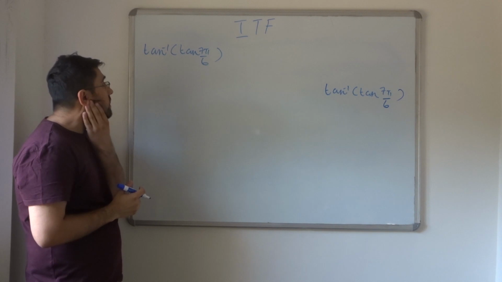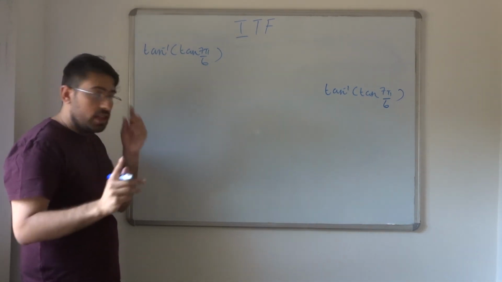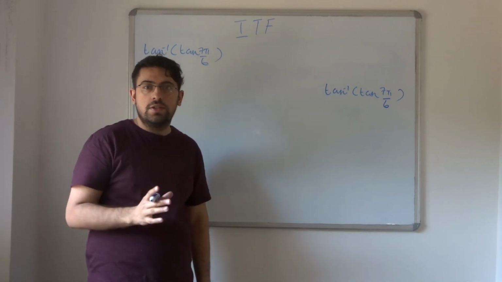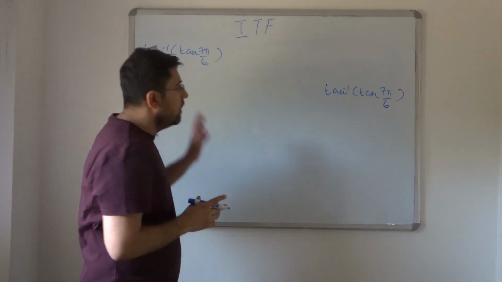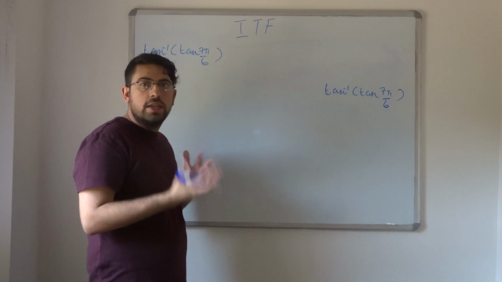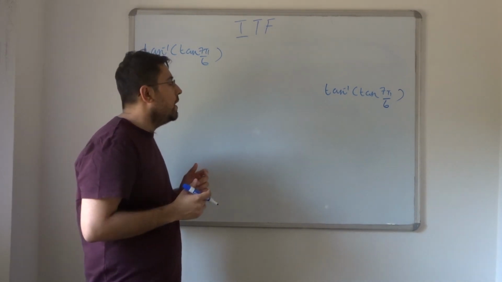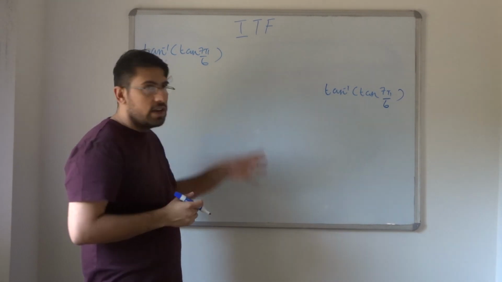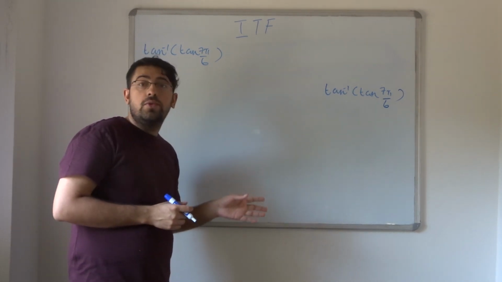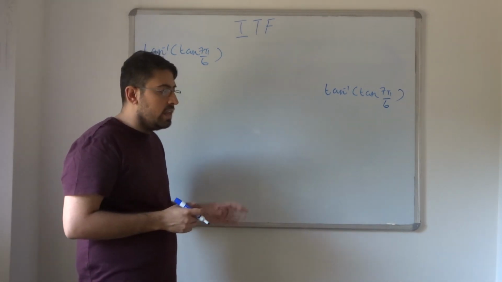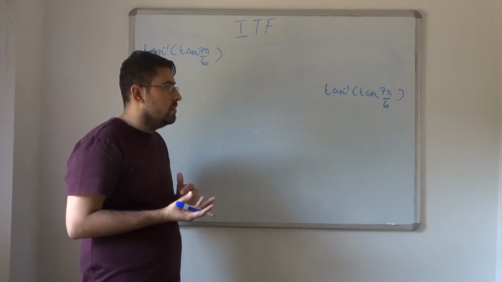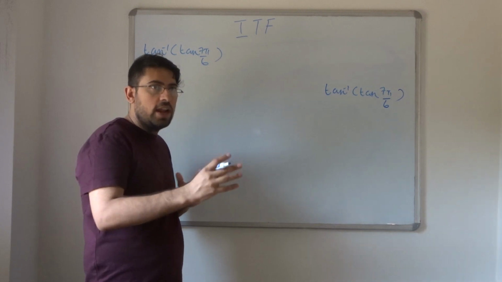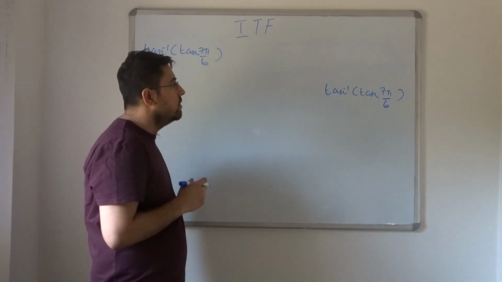Now guys, one thing that you should understand is, when solving trigonometric equations, if you want to know how to solve them, you take the radians, convert them into degrees, and then you will get an idea of how much you have to add or subtract in radians.